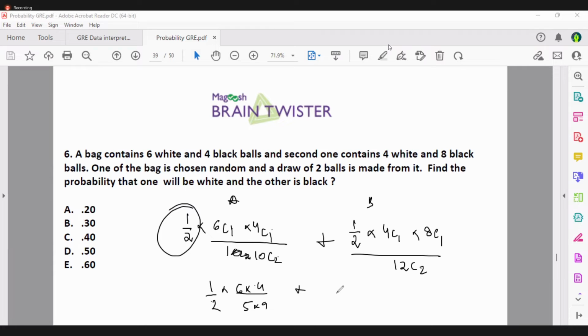If you are picking the second bag, then you can only pick the balls from that only, right? Basically, if you're picking up the first bag, you cannot take out the balls from the second bag, right? So that way the probability would be added.